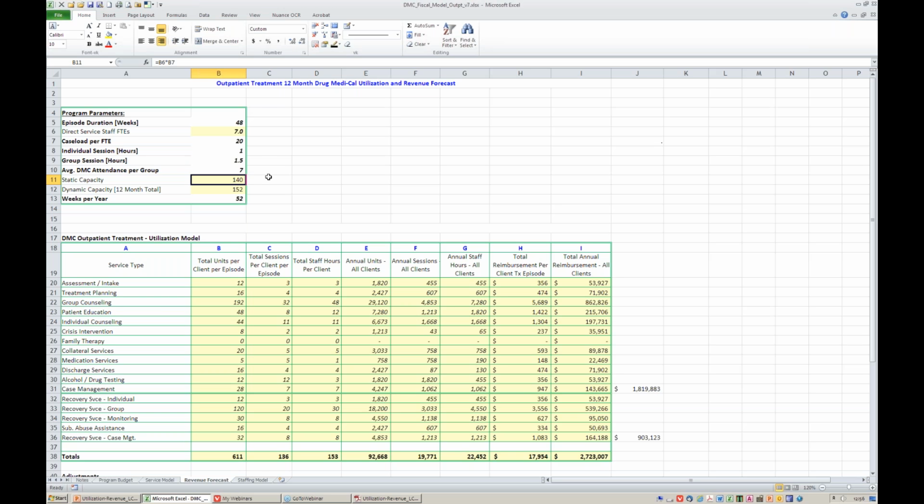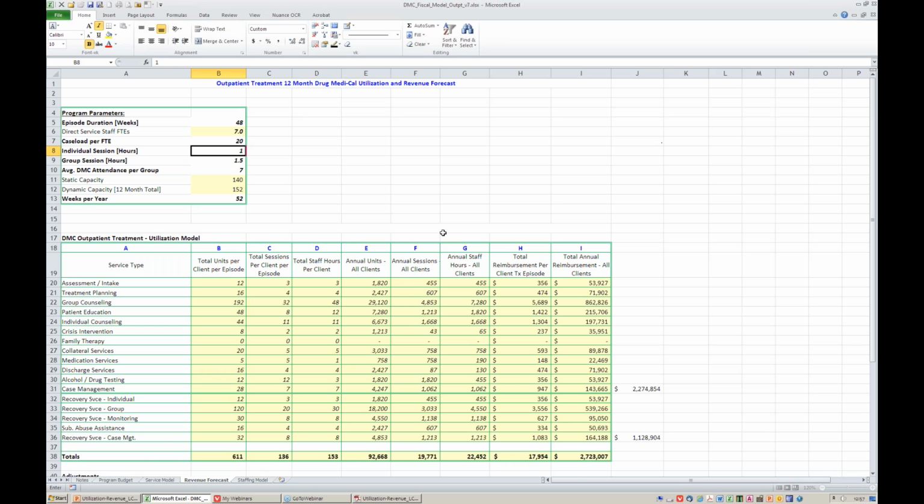That'd be 140. And then a dynamic capacity, 152 over a 12-month annualized time period. Now, if you change the caseload from 20 to 25, you just saw that it took a jump from 140 to 175.